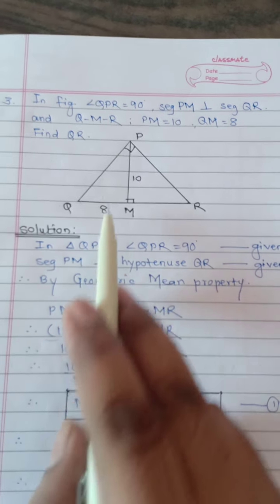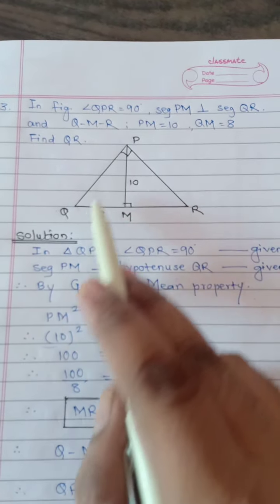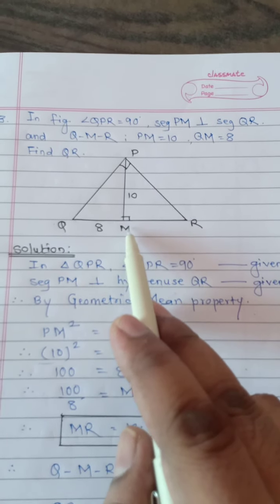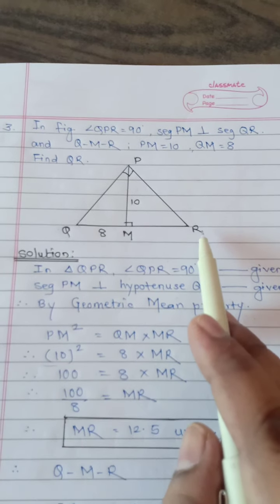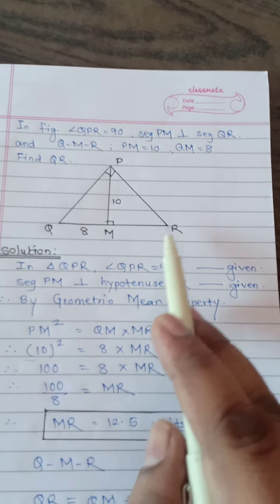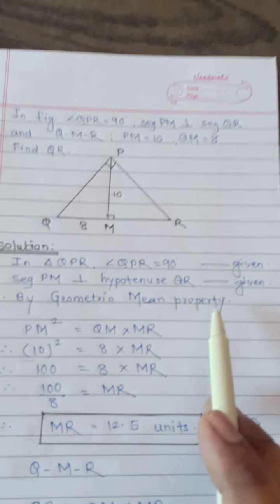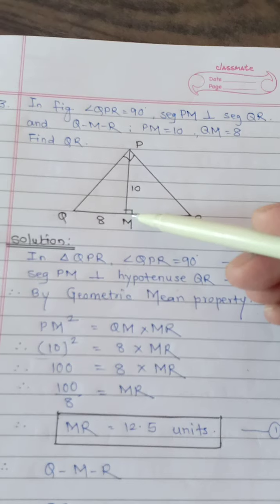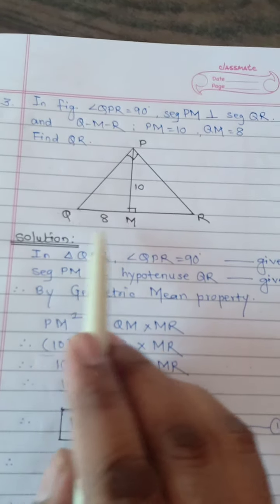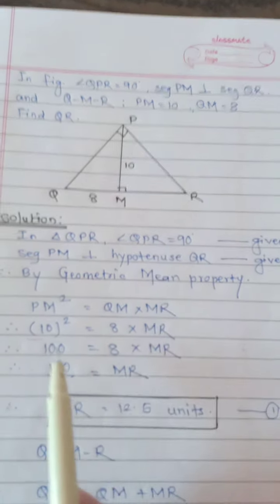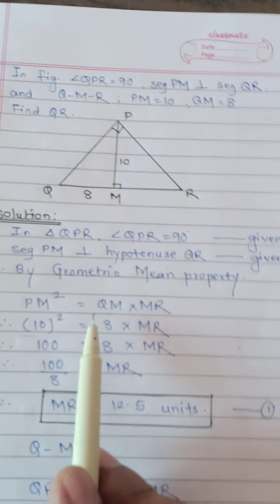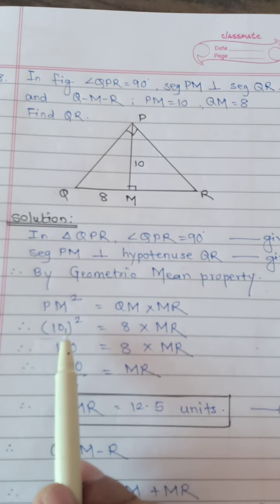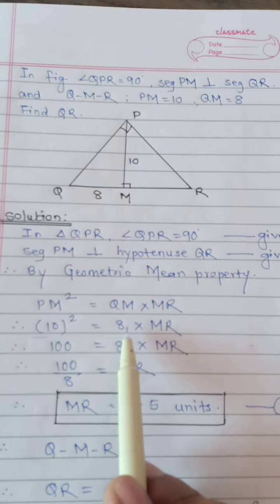In triangle QPR, angle QPR is 90 degrees. The segment PM is perpendicular to this hypotenuse QR. Again we have to apply the geometric mean property. So with this property I can write the formula, that is PM square equals QM into MR. Substitute the value of PM, that is 10, and the value of QM, that is 8.